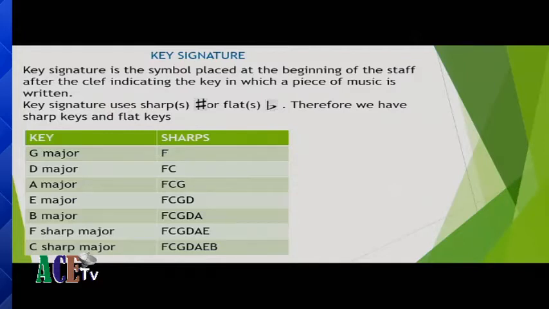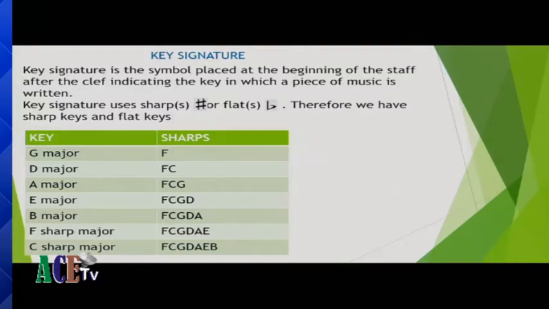So when you have a sharp symbol and a flat symbol for describing your key signature, that means you have... that is F sharp.